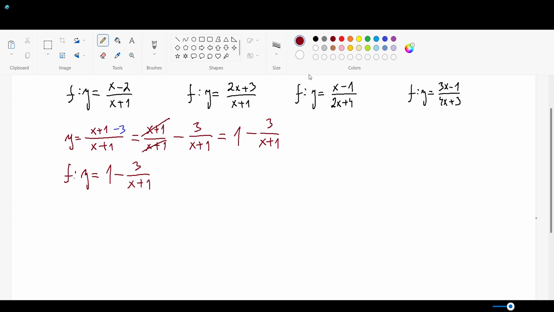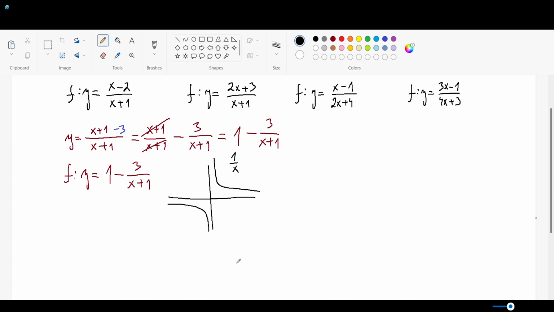And as far as we have this form of our function, we know how to construct the graph of this function, because we know that the parent function of this function is 1 over x, which graph goes this way.